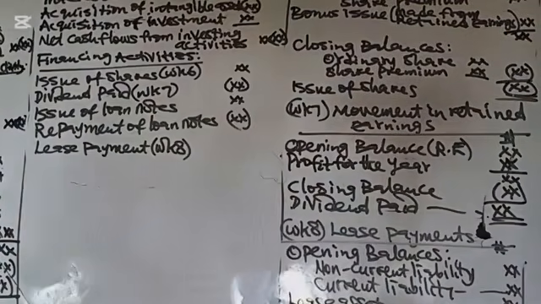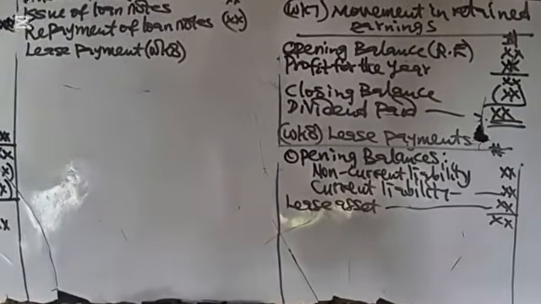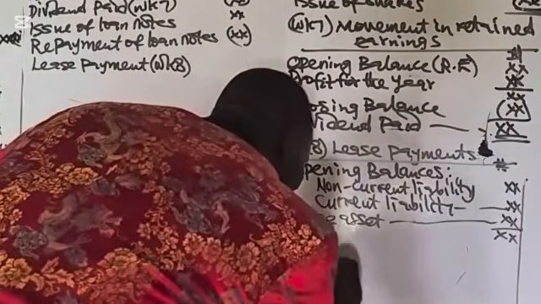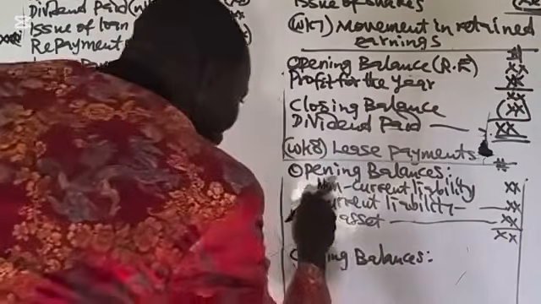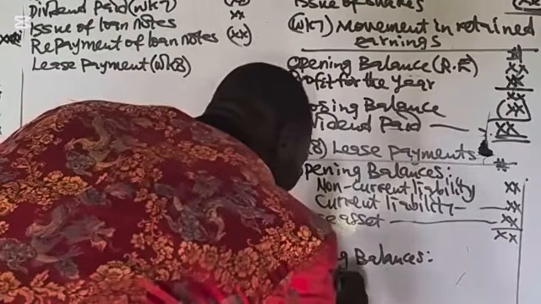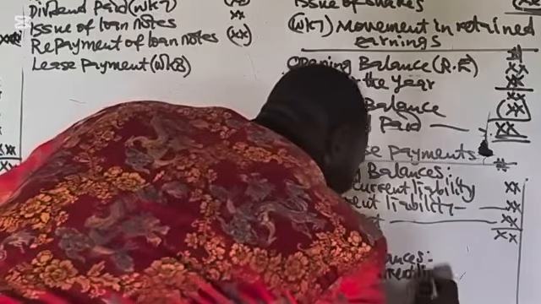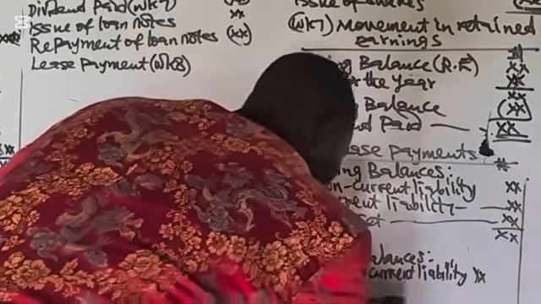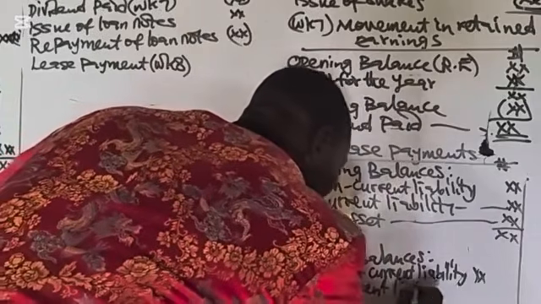After that, you consider the closing balances. Just like the opening balances, you may have non-current liability, that is the lease obligation, which is given under non-current liability, and the one given under current liability.